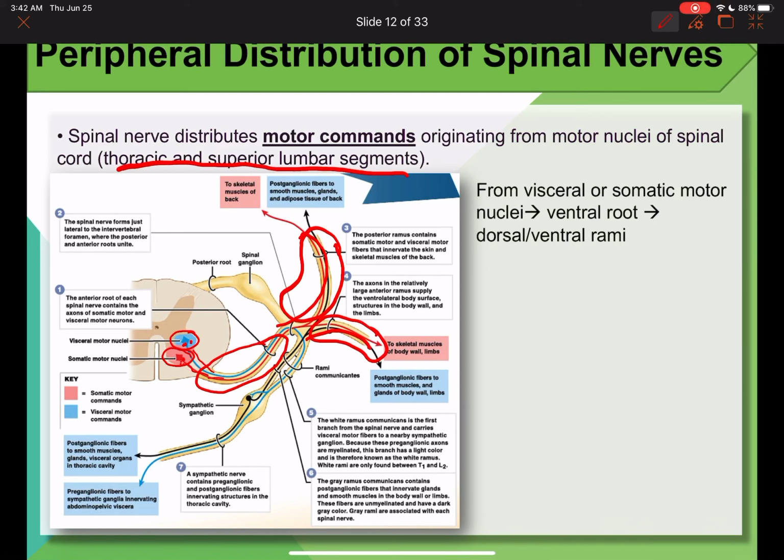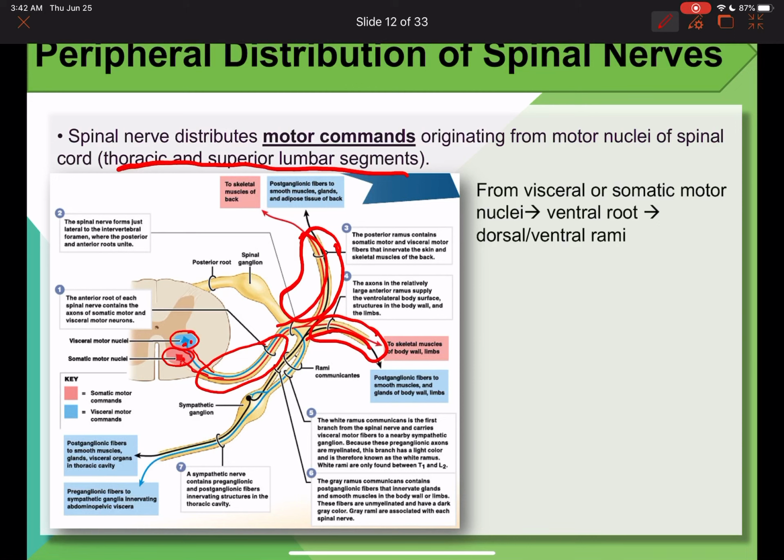Okay. Which way it splits, whether to posterior or anterior rami, depends on whether it is a motor command for skin and muscles of the back or for your ventrolateral body surfaces, body wall, and limbs.